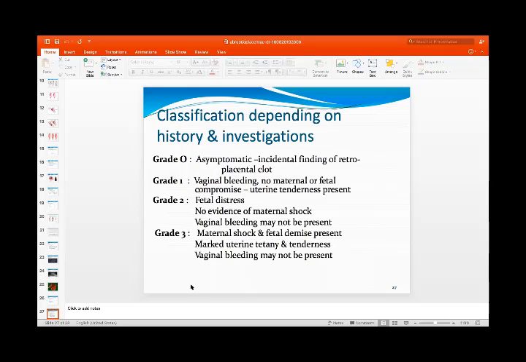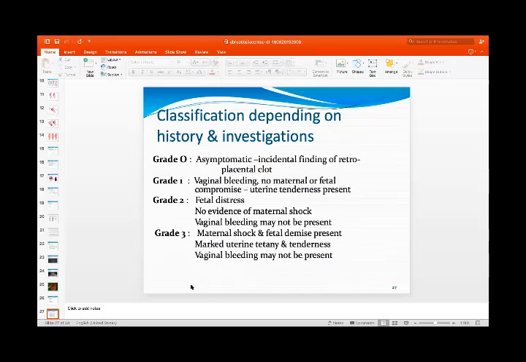Classification depends on the history and investigations. Grade 0 abruption is when it is asymptomatic and it is an incidental finding of retroplacental clot after delivery. Grade 1: vaginal bleeding, but there is no maternal or fetal compromise.